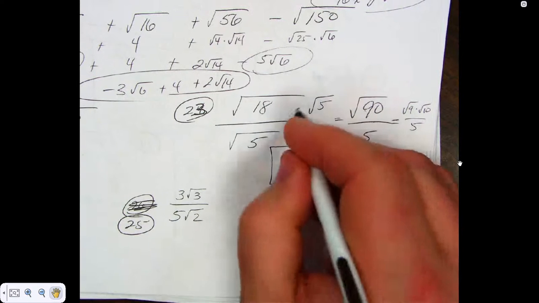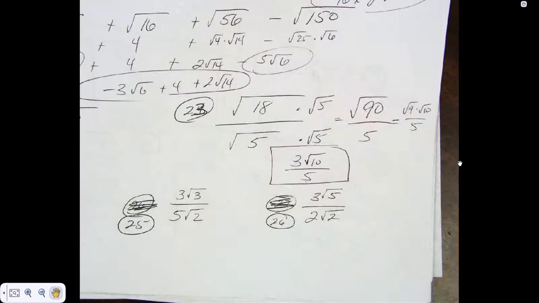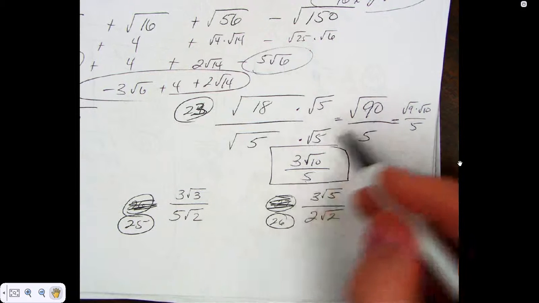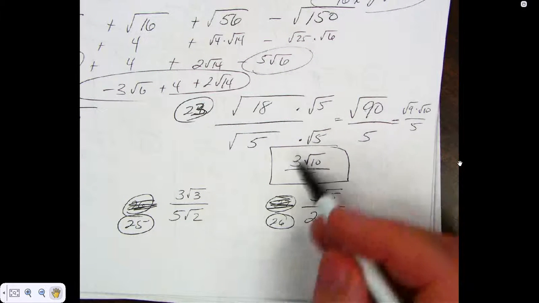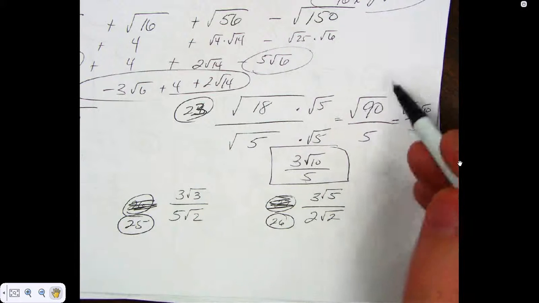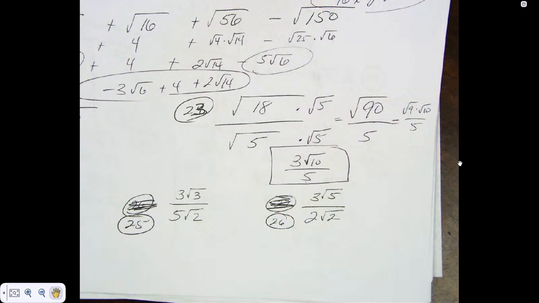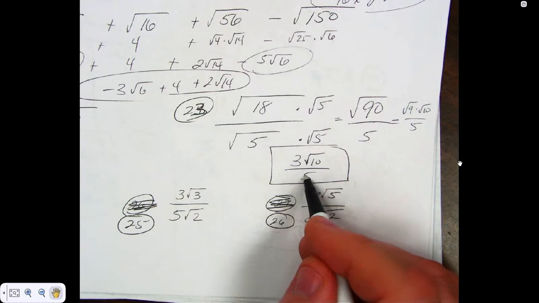Like I said, I want to see times square root of 5, times square root of 5, all that stuff on your paper. This problem would have been 1 point for this, getting to here is 1 point, doing that's 1 point, that's 1 point. So 1, 2, 3, 4 points. If you just wrote the answer on there, you're going to get a 25% on that question.